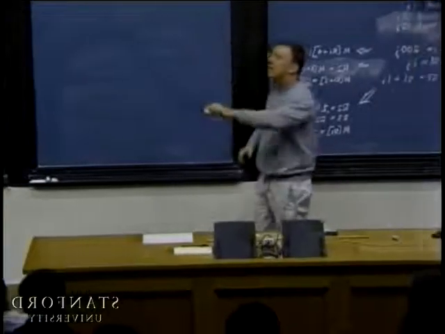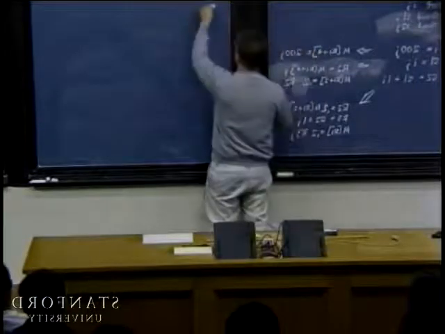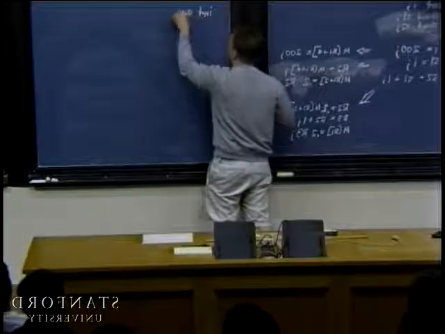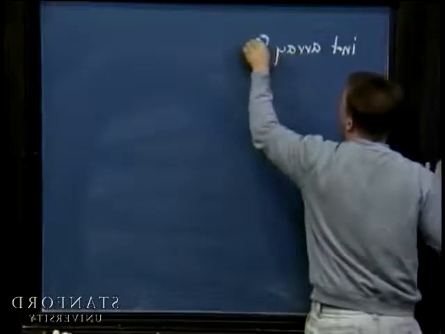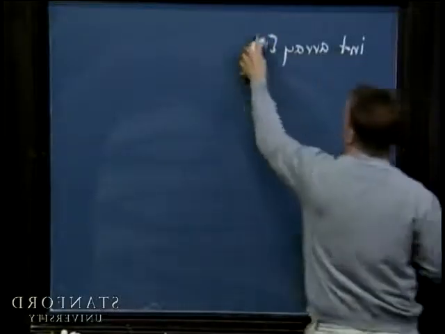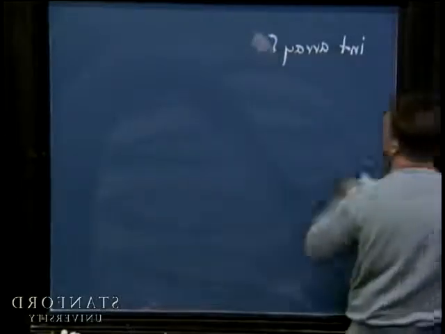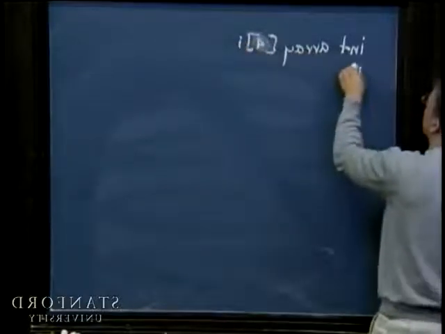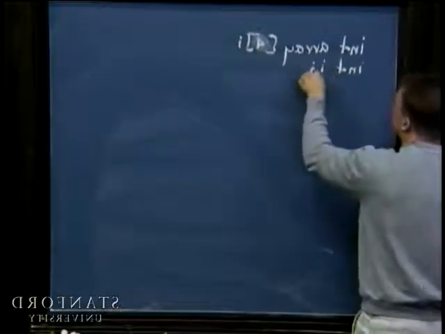Let me deal with an array of length 10. Actually, that's too big. An array of length 4 is big enough. And then I have a standalone integer.